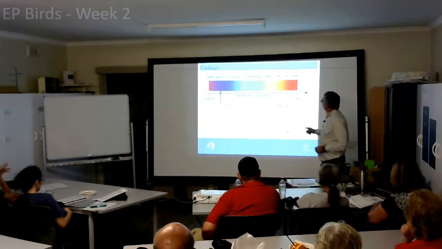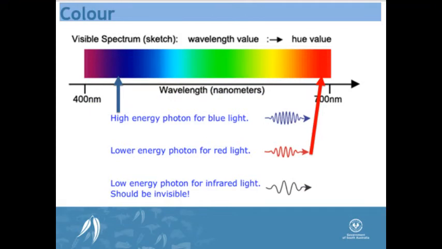Okay, so just to remind you, the length of the waves that we see as red light are about 700 nanometres. And a nanometre is a billionth of a metre, 10 to the minus 9. So the waves in that are relatively long compared to the ones that we see as blue and purple.